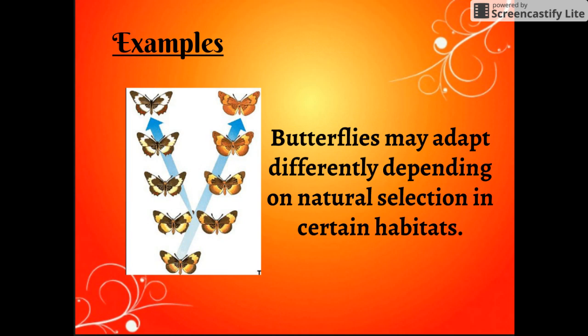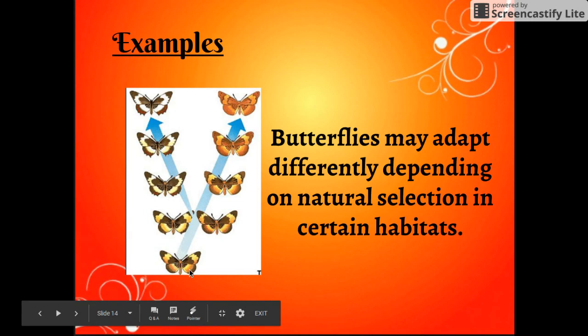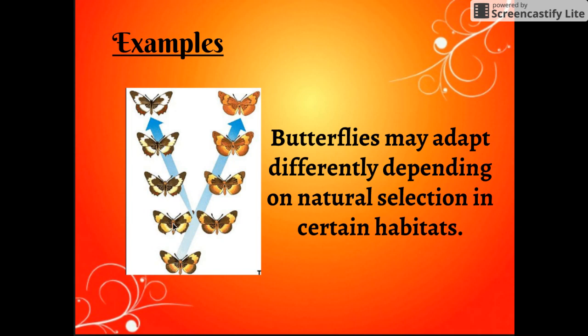Another example would be butterflies. So depending on where the butterflies are settling or where they decide to take up a habitat, where their food source is, maybe butterflies might adapt differently depending on natural selection in certain habitats. So if you have down at the bottom here, you see this butterfly, and then you kind of look at this. These can represent possible generations of offspring.